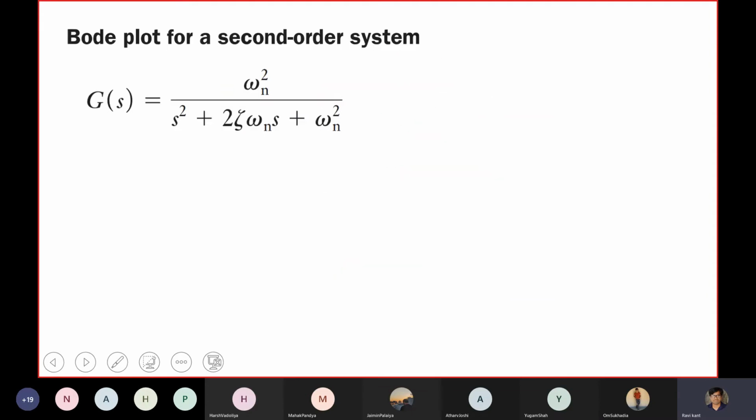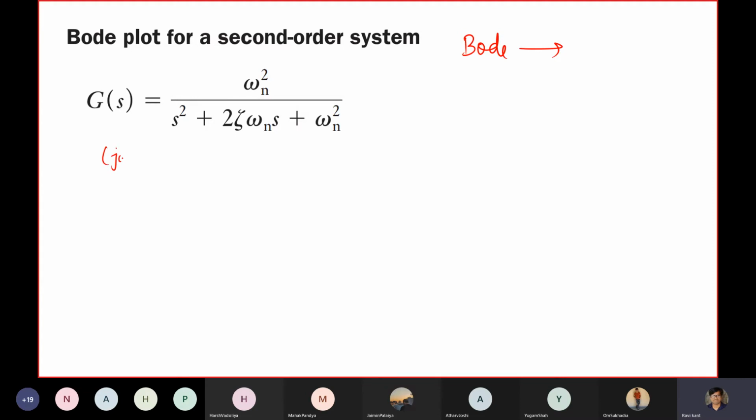Now let's talk about the second order system. This is our second order system, and in the last class we have already deduced our G(j omega). Let's try to plot the Bode plot for this particular system.